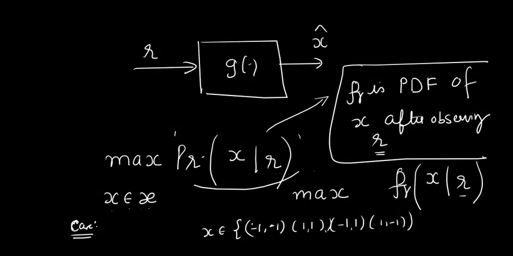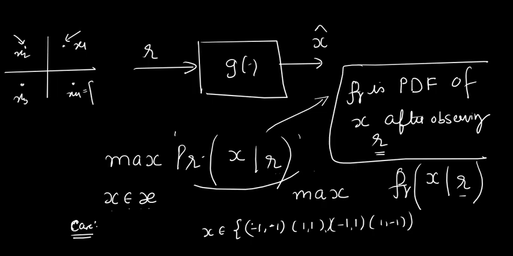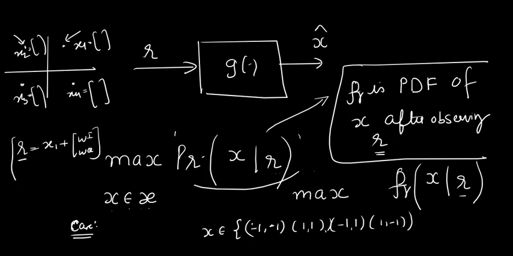So see, initially there was some probability, right? You had 4 points, and you had some probability of transmitting x1, x2, x3, x4. And what is x4? This vector. R can be either x1 plus noise wi, wq. R is a two-dimensional vector.